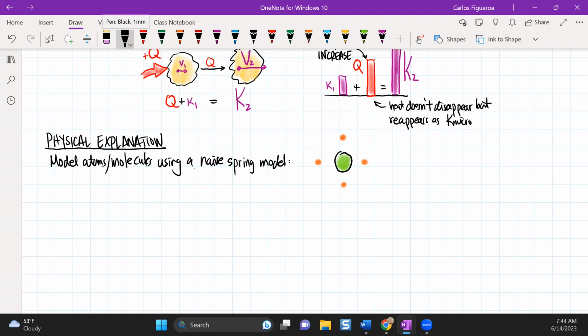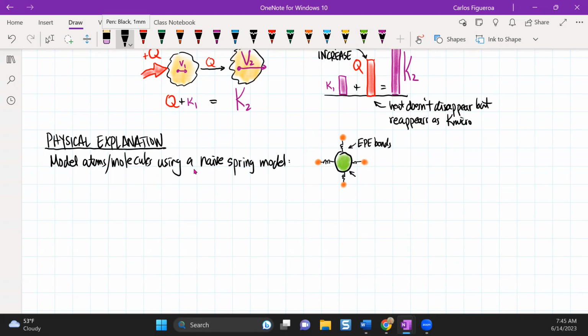The way these electrons are attached is by little springs. These springs are the electrical potential energy bonds that connect the electrons to the positive nucleus.